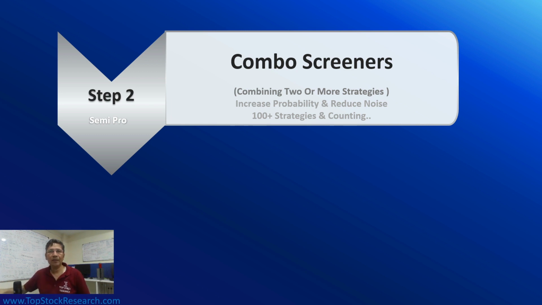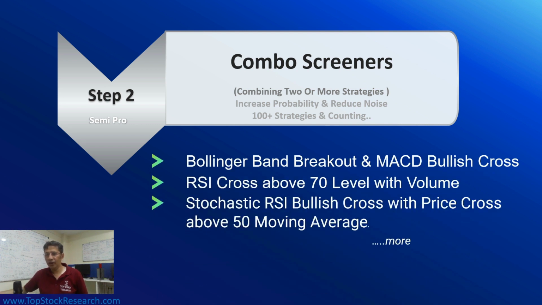So let's see some examples of combo strategies. For example, Bollinger band breakout. Bollinger band breakout tells you that the stock has gone beyond its standard movement, or beyond two standard deviations, right? So if it breaks the band, either breakout or breakdown, it tells that a new movement can happen, or there's a burst in the particular stock's movement. So that's a great strategy.